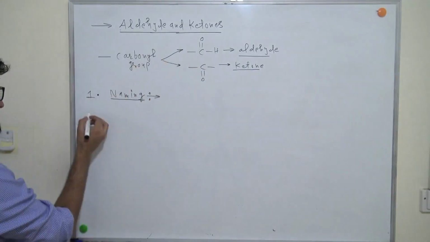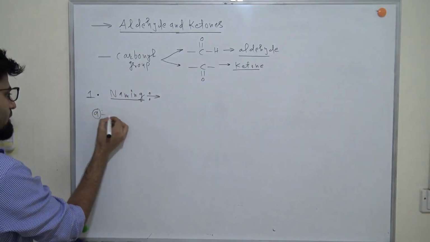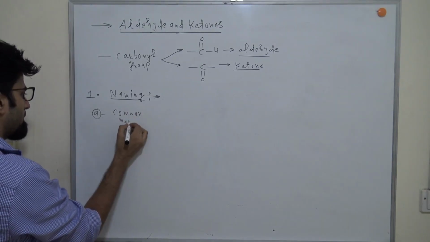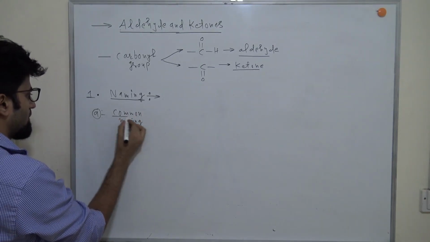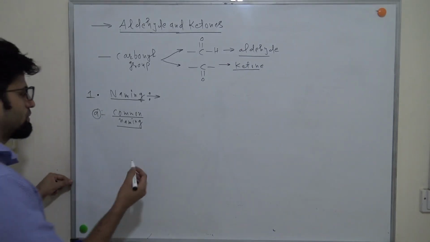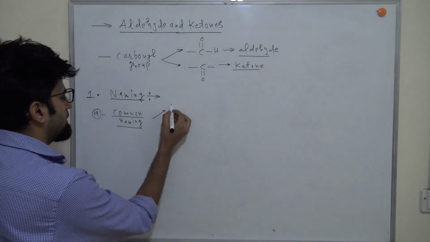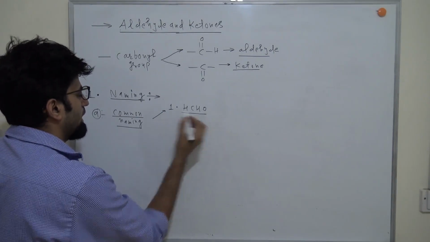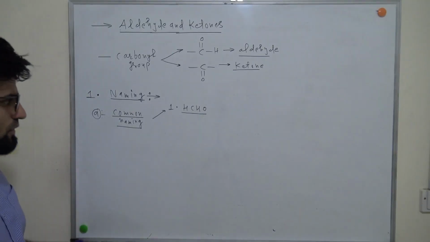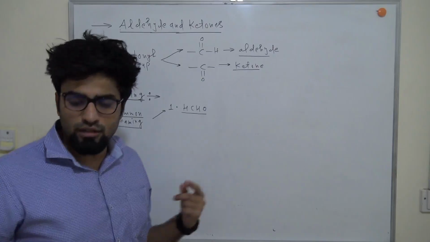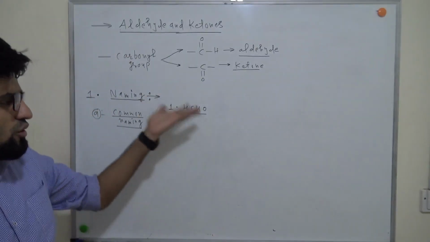In naming, first of all we are going to discuss common naming. Before IUPAC naming there was no set of rules to name a given compound, so that's why we gave them common names.